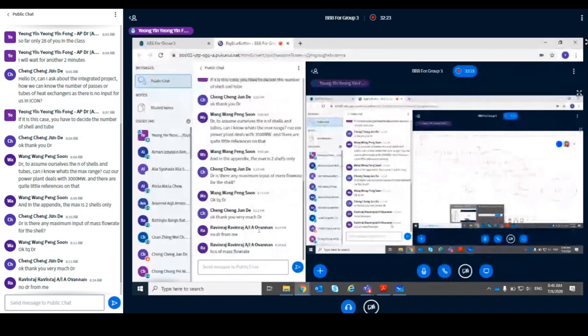Okay, that's good. So this is a very special case. It's under a limiting condition whereby we are only able to heat up the cold stream from 10 degrees C to 25 degrees C, but the hot stream experiences the largest change of temperature, from 70 to 10. It is because of the mass flow rate.